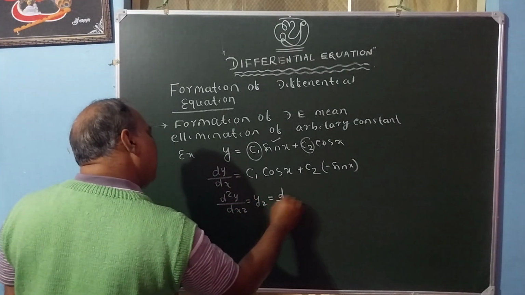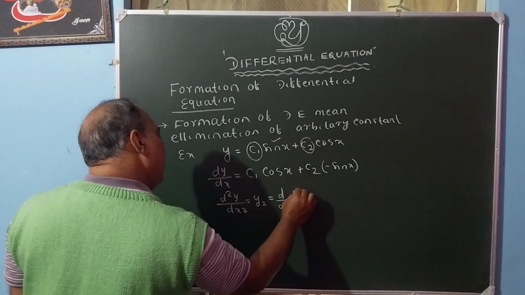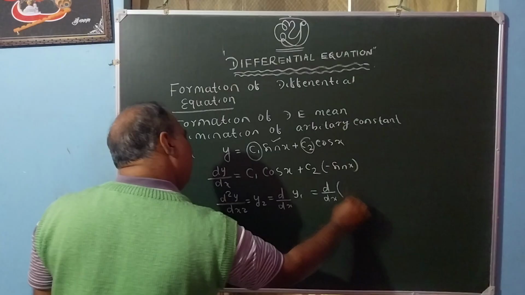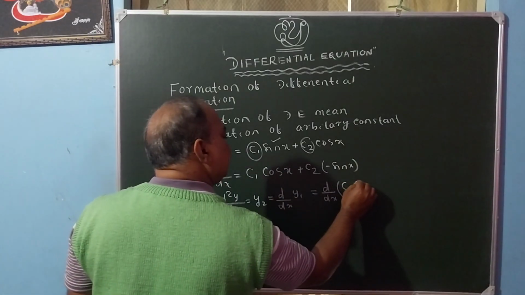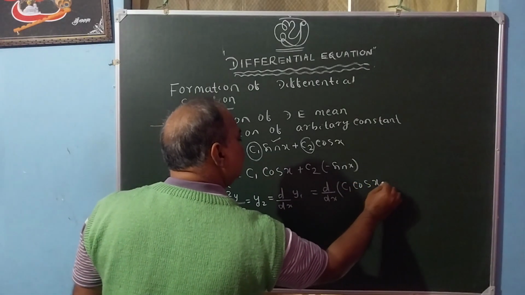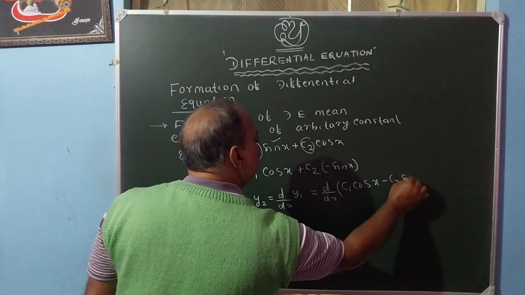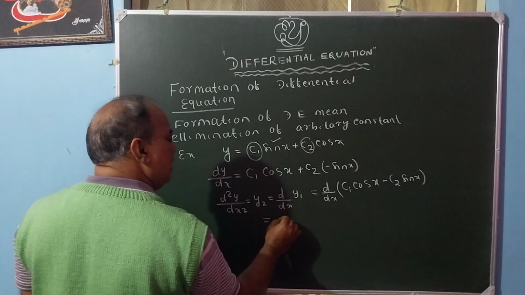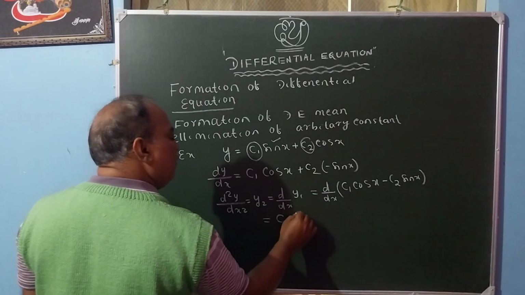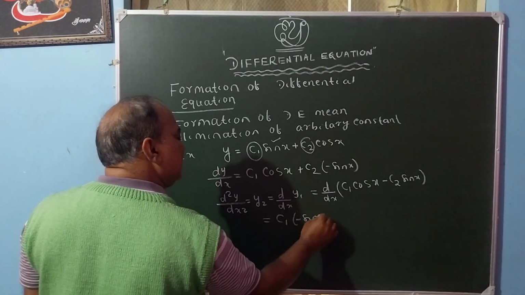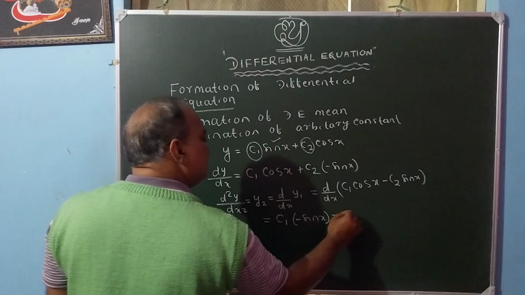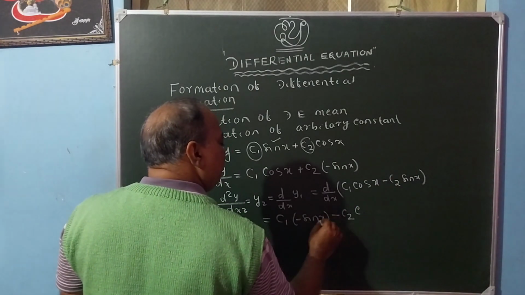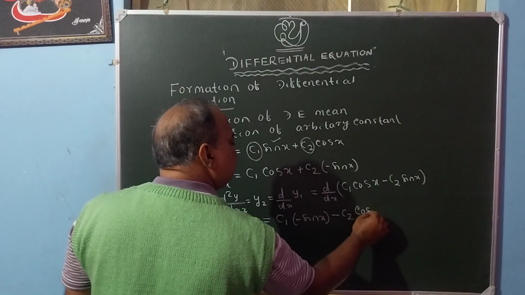So d/dx of y1 means d/dx of c1 cos x minus c2 sin x. c1 is a constant coming outside, derivative of cos x is minus sin x, minus c2, derivative of sin x is cos x.